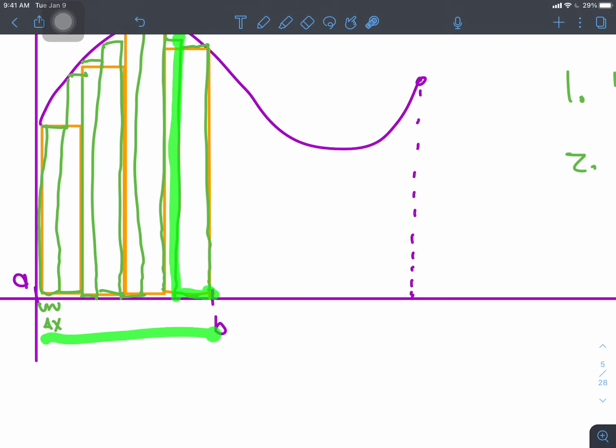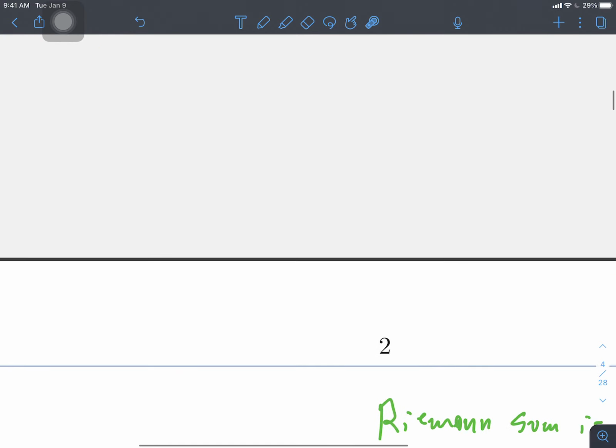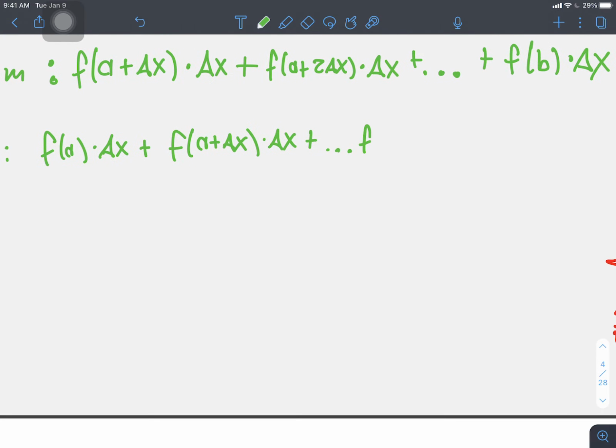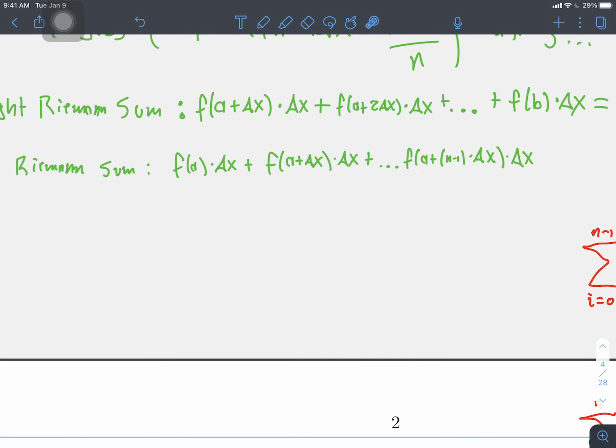So if I go one less than that, I get to the point where I want to be. So the last term in this sum is going to be f of a plus n minus 1 times delta x, times delta x. So I go over exactly n minus 1 rectangle widths.